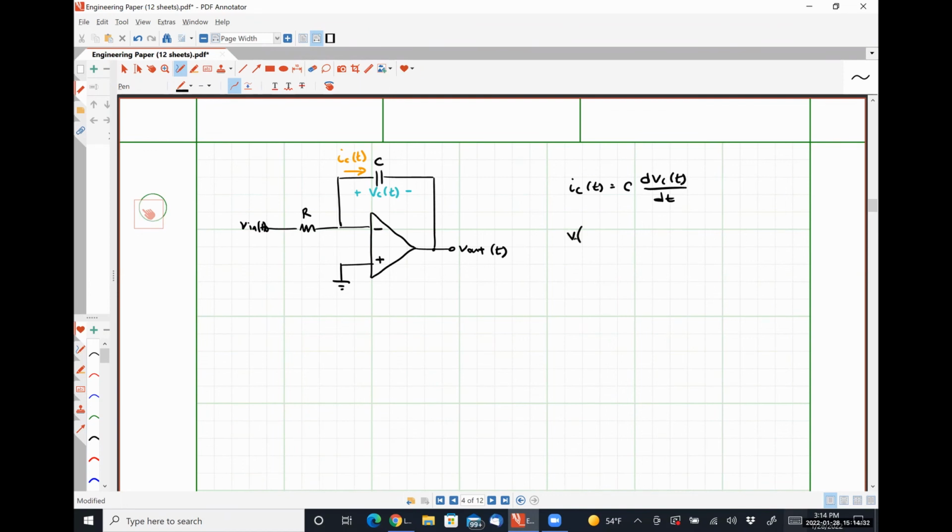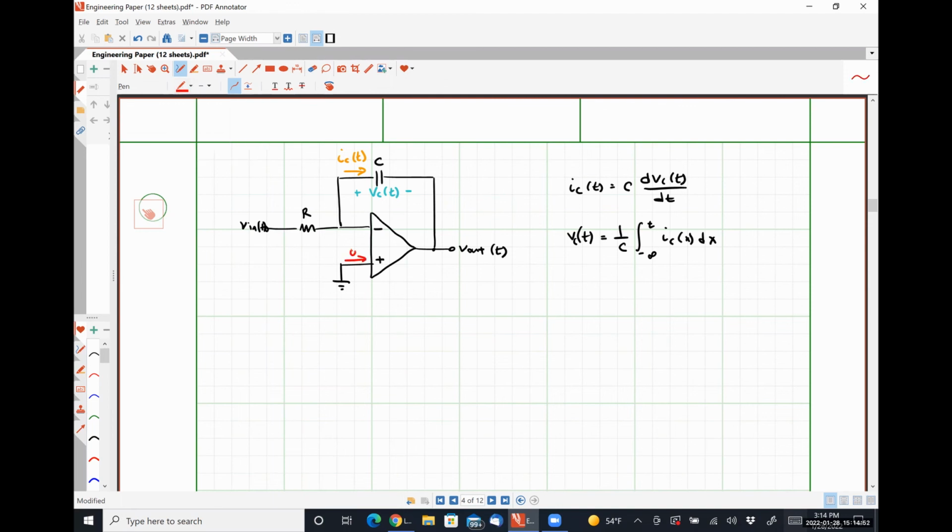And Vc is equal to 1 over C integral from negative infinity to t of Ic of x. And we'll go through our analysis.